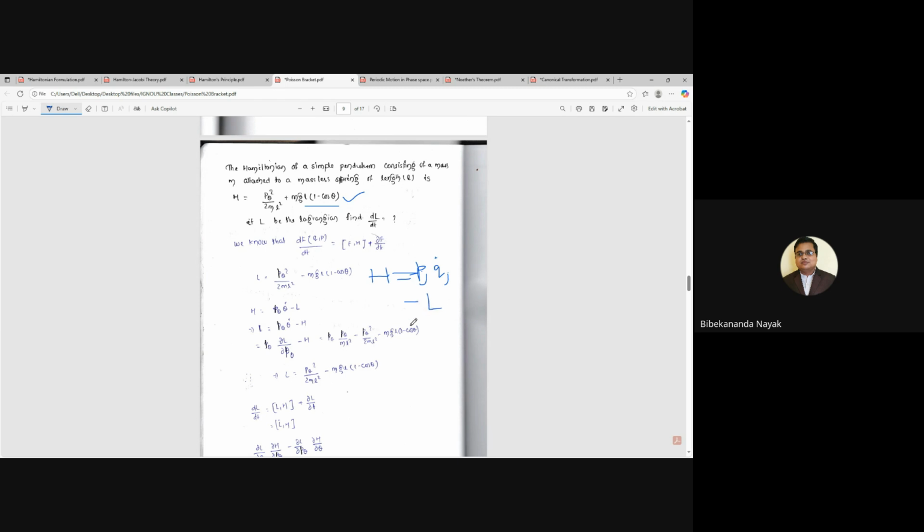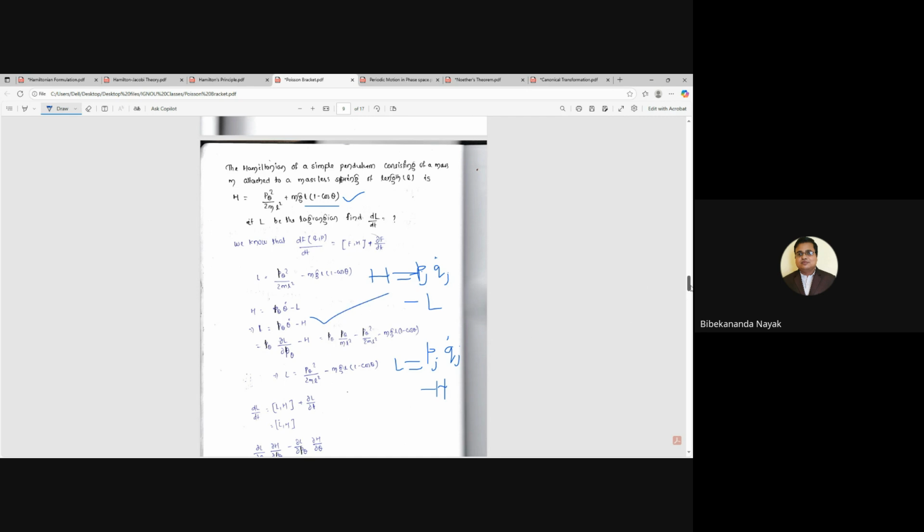L is equal to pj qj dot minus H. Since the Hamiltonian is given, you can calculate this; pj is p theta, and qj dot is p theta by 2ml² as given.